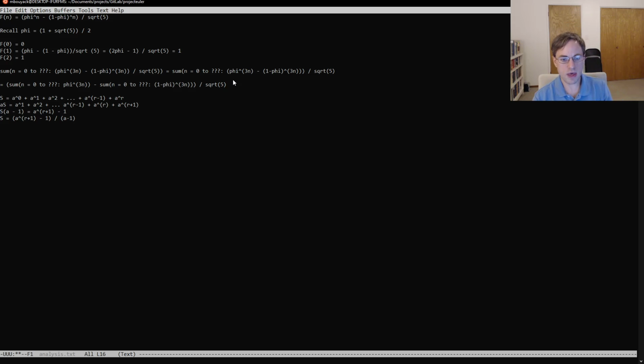And there you go. So this is our equation for the sum of a geometric series here, where a is the thing you're multiplying by, and then r is the largest exponent, assuming that we're starting with 0 as our lowest exponent.